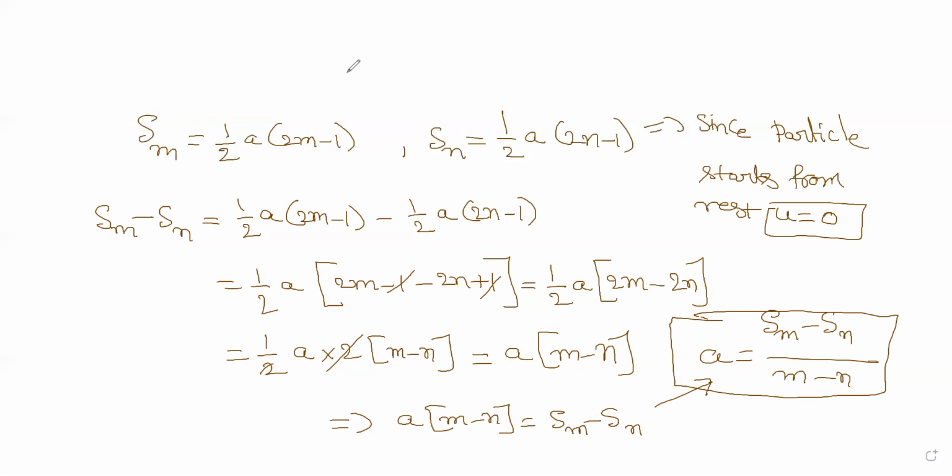Now, the next one. I'll recap one more thing: instantaneous velocity. Instantaneous velocity, we write V bar, is ds by dt.